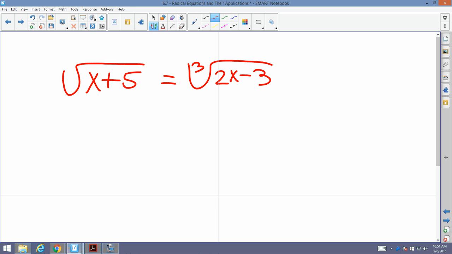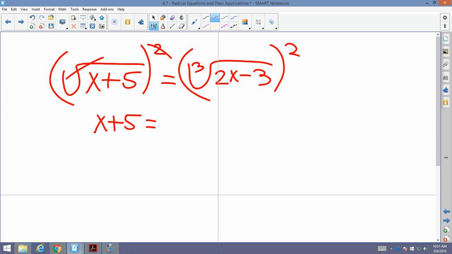In this particular case, guys, this gets a little bit weird. You could go ahead and square both sides. This will cancel. You've got x plus 5. But now this, I can't cancel.